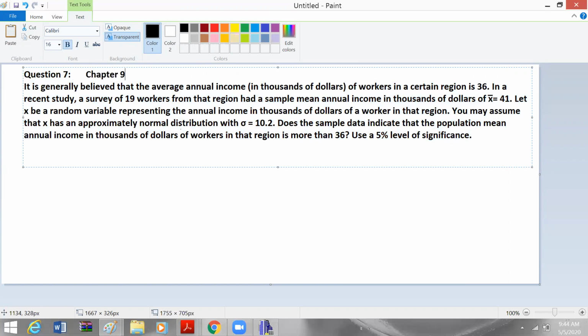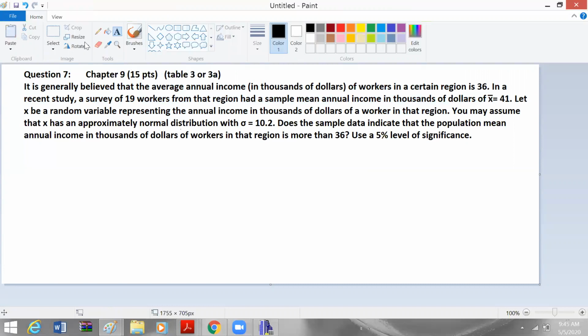This will be 15 points, chapter 9. This is a new chapter that we haven't tested yet, but we have quiz number 5. Chapter 9, 15 points. Use table 3 and 3A, depending on whether it is the left or the right tail. For these questions, again, we highlight everything that we see.